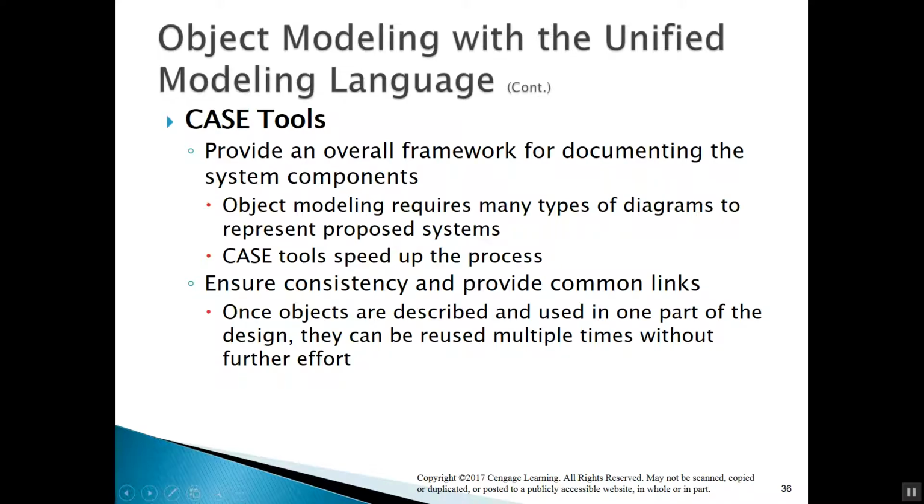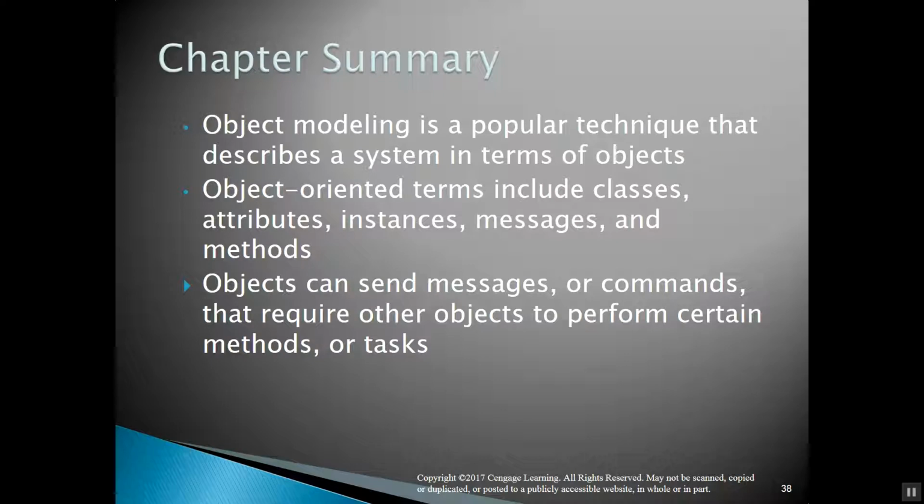We've got a CASE tool, the UML CASE tool that'll help. We'll drill deeper and focus on UML in that next video. You'll find that in Chapter 6 and the course content as well. Okay?